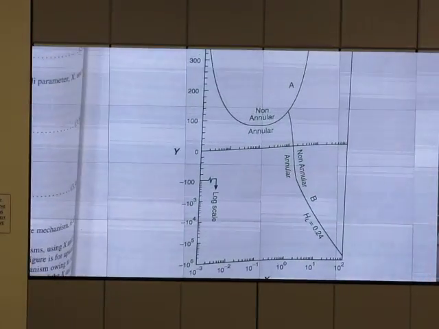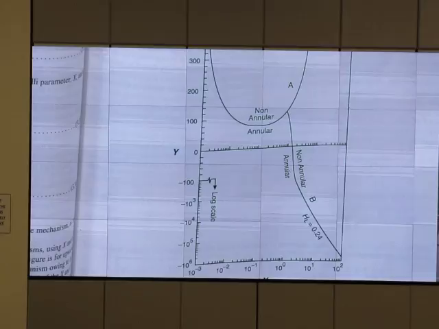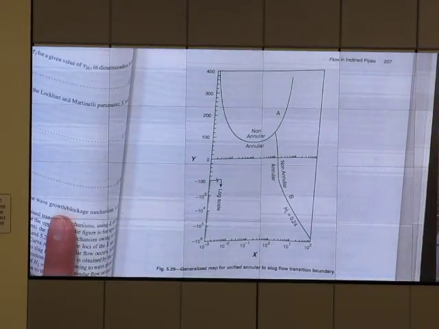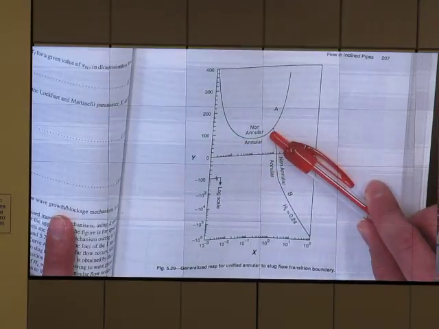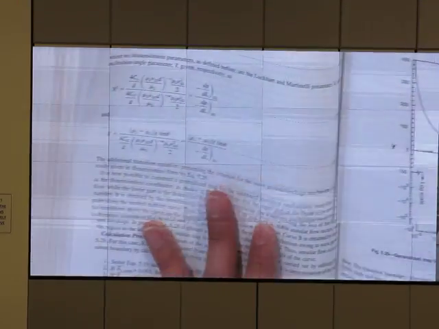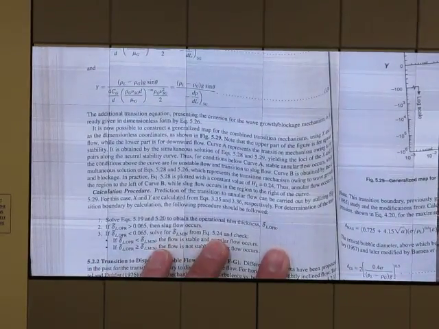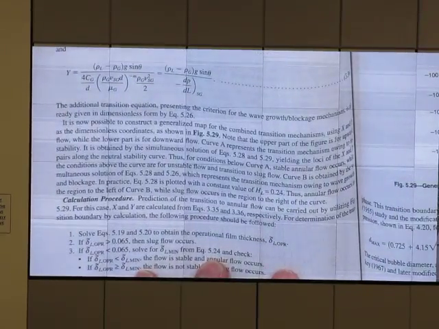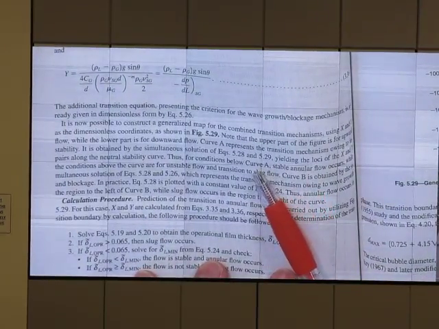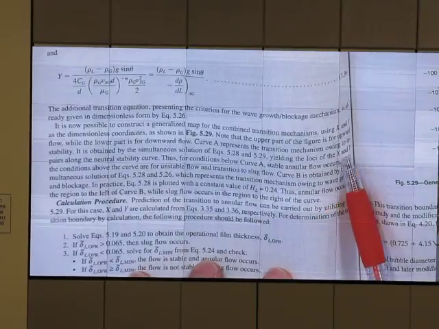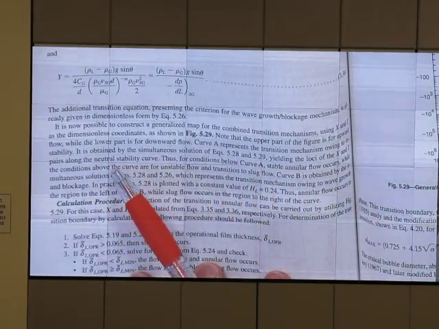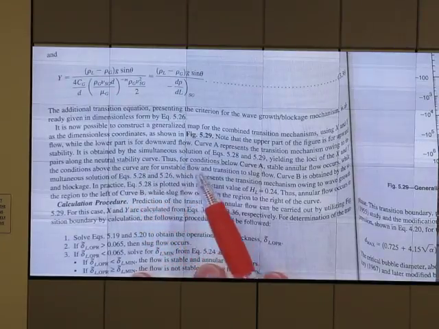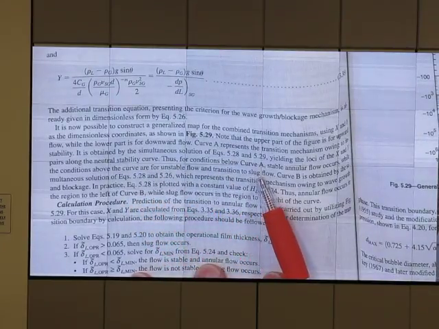Okay. Once we make everything dimensionless, we plot the graph, we get this graph, right? A and B. Okay. Look at this A. Curve A: stable annular flow, while the conditions above the curve are unstable flow and the transition to slug flow.